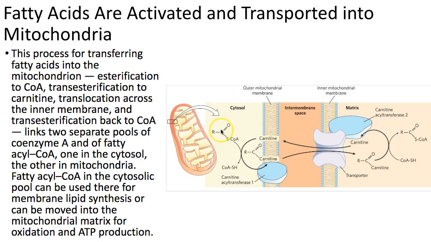It gets activated by being attached to the coenzyme A, and then from there, the fatty acids get transferred onto the carnitine, and then from there it can be transported into the mitochondria, and then be reattached to a coenzyme A again, and then goes through the beta oxidation for degradation and use of energy within the tissue.